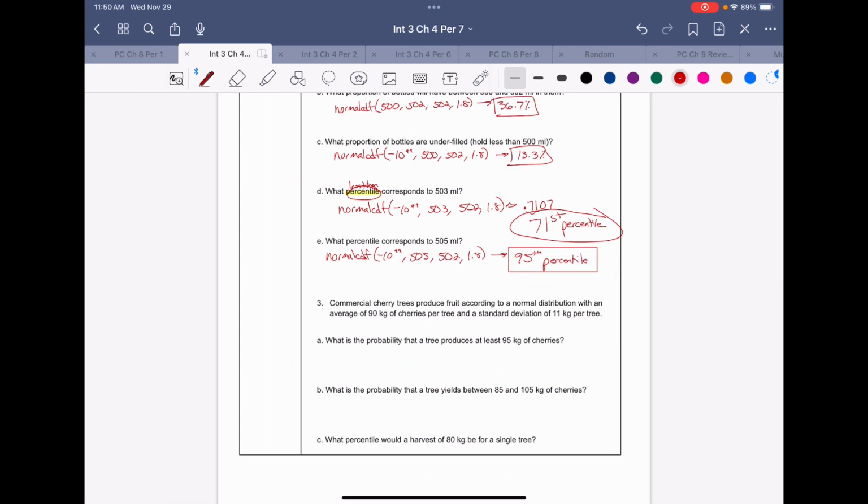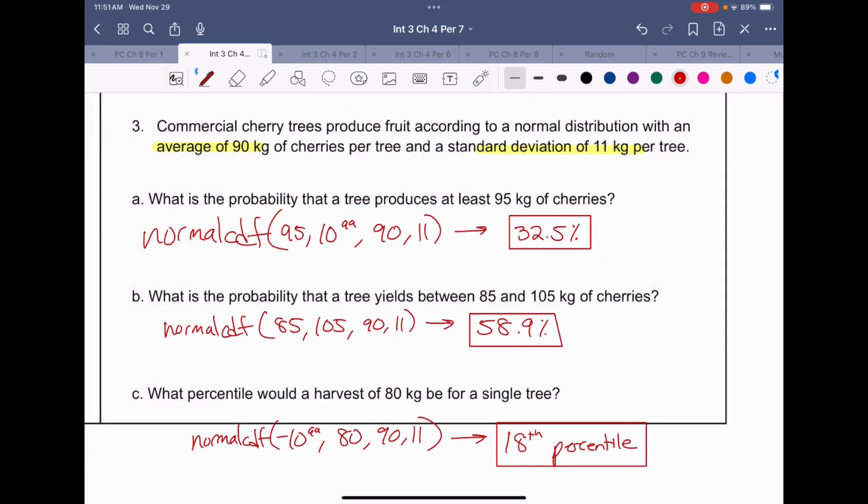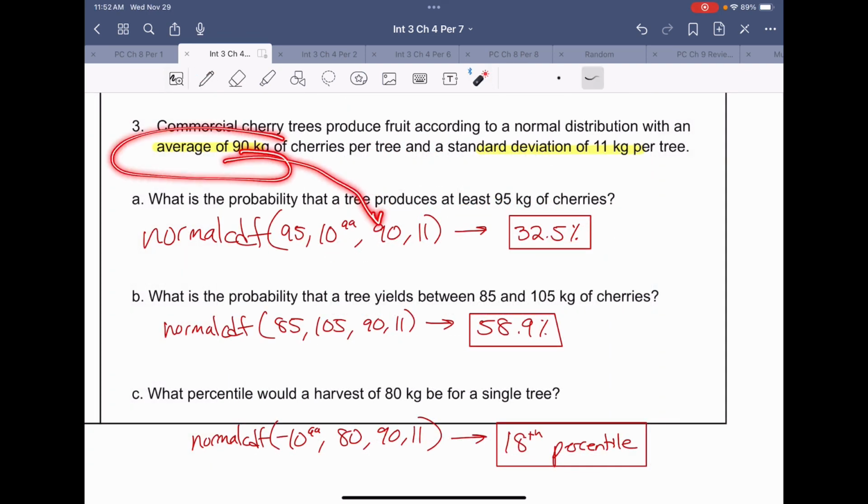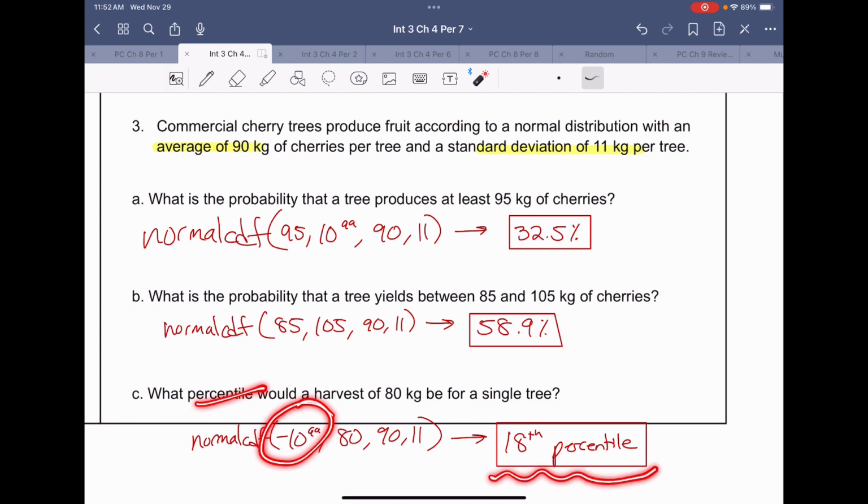I'm going to put all my answers up at once. See if you can do number 3. Okay, so average is the same thing as mean. So they gave you the mean. They gave you the standard deviation. At least 95 means 95 or bigger. Between. And then percentile means less than. And we write it as a whole number percentile.